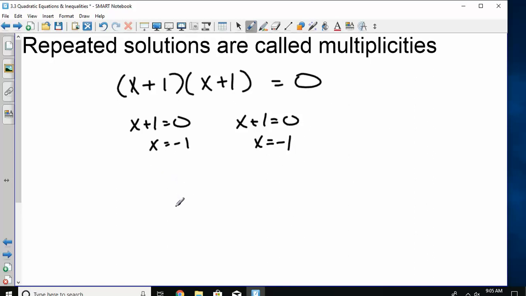We are going to learn as we go on that while right now it maybe isn't a big deal to just say the only answer is negative 1, when we get into graphing higher level polynomials like the cubics and the fourth and fifth powers, those multiplicities really have an impact on the graph. So what I want you to write is negative 1, m2. M represents multiplicity, and the 2 means negative 1 showed up as an answer 2 times.